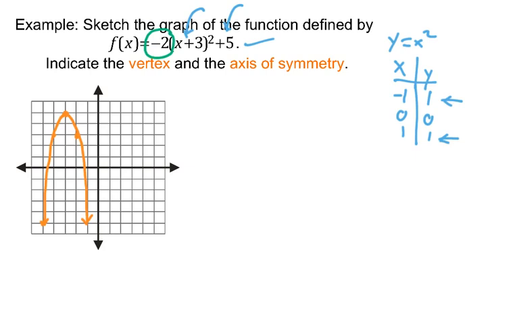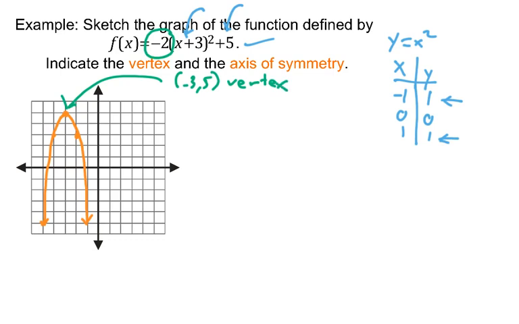We talk about the vertex of the parabola. If the parabola opens down, that's its highest point. If the parabola opens up, that's its lowest point. The vertex of this parabola would be the point right here, and the coordinates of that point are -3, 5. That's my vertex.